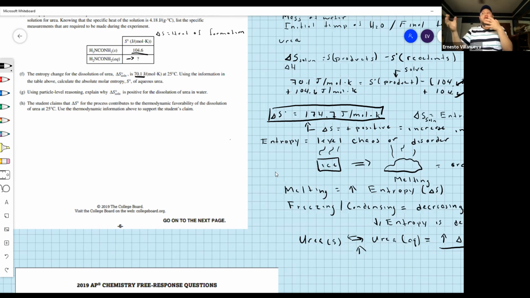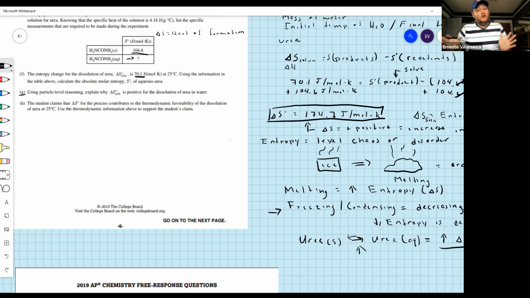And because now you have a greater number of possible arrangements of these different molecules, because they're not in a fixed position, we can confirm that going from a solid to a solution would give us a positive value for entropy. So without even knowing it, we answered this question here, okay?